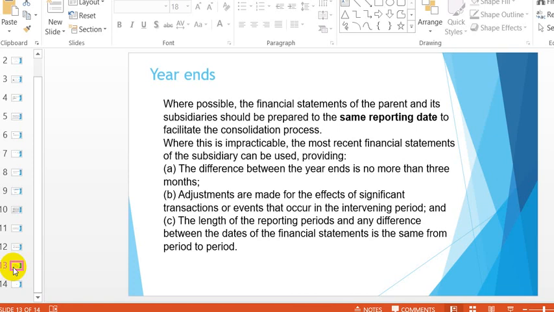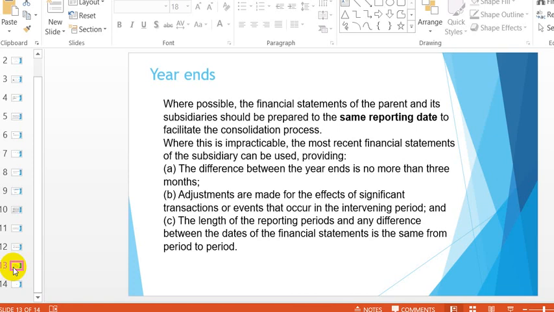But where this is impracticable, the most recent financial statements of the subsidiary can be used, providing the difference between the year end is no more than 3 months. I will repeat that. Where this is impracticable, the most recent financial statements of the subsidiary can be used, providing the difference between the year ends is no more than 3 months.